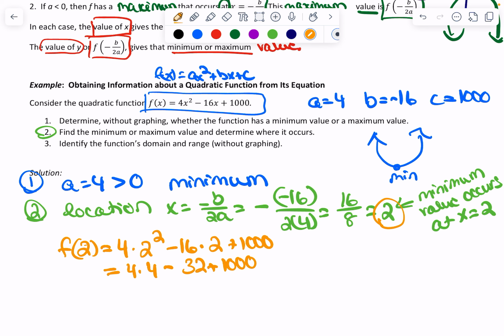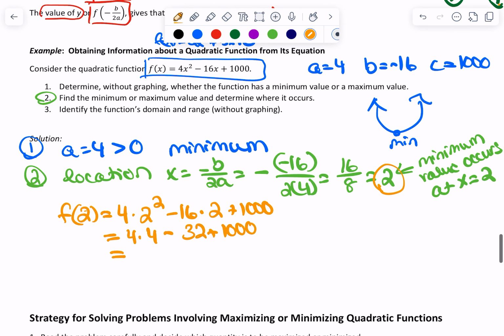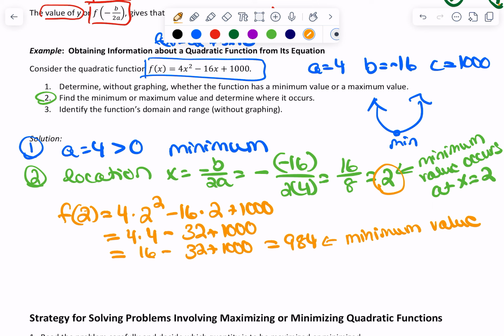Now you can plug this in the calculator and do it all at once. 16 minus 32 plus 1,000 is going to be 984. So this is the minimum value for this function. Also, we know that the vertex is going to be at x equals 2 and the y-coordinate is 984.